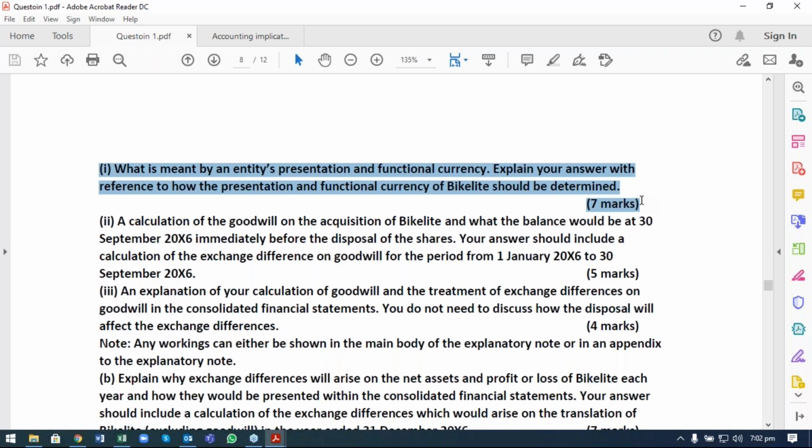So the very first requirement of this question is, what is meant by an entity's presentation and functional currency? Explain your answer with reference to how the presentation and functional currency of Bakelite should be determined.